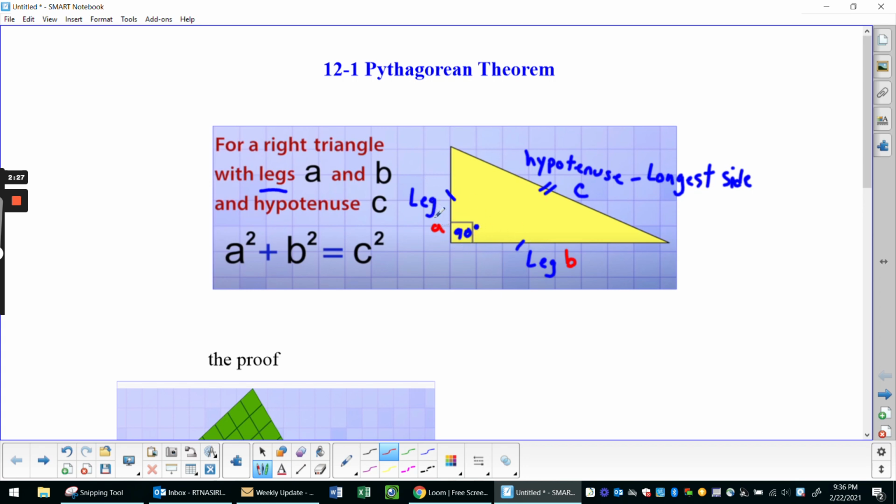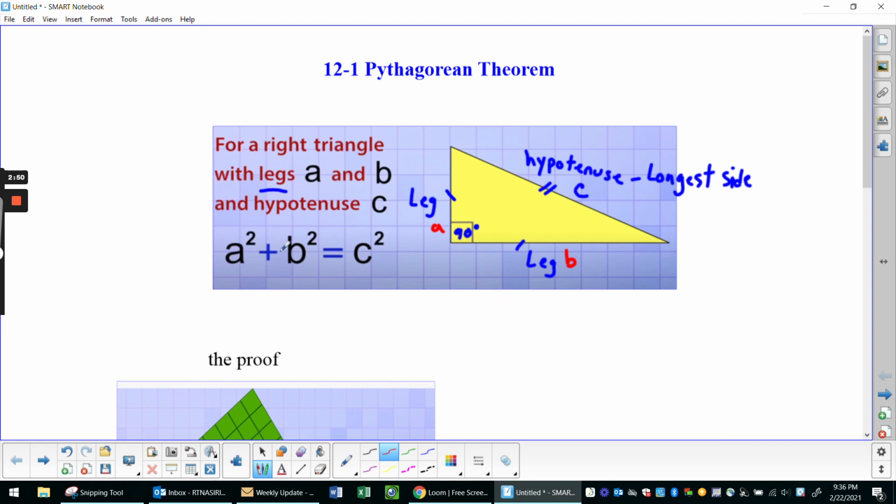It doesn't have to be that the leg that's, I don't know, vertical is A and the leg that's horizontal is B. That's not necessarily the case at all. So the A and the B can be interchanged, but C is always the longest side. So be careful with that. C is always your hypotenuse.